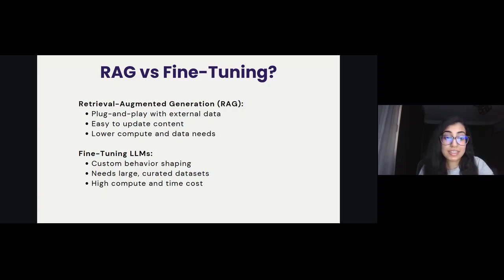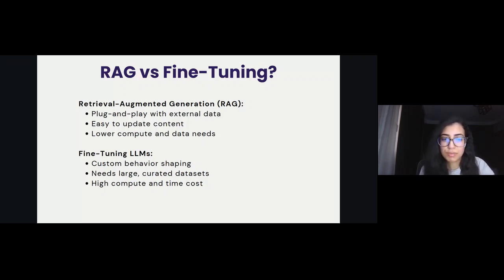RAG is ideal when you want something very quick that is up to date and has specific domain knowledge in your AI system without retraining the whole model. You won't need to retrain anything. It's mostly just plug and play, and it is modular. You have a vector database and relevant documents. You put the relevant documents in the vector database, and that is what it looks at.